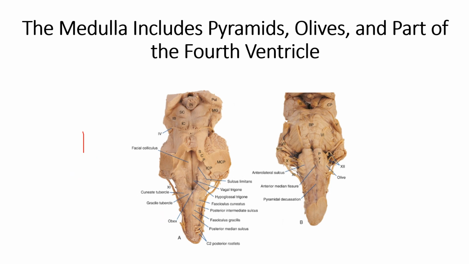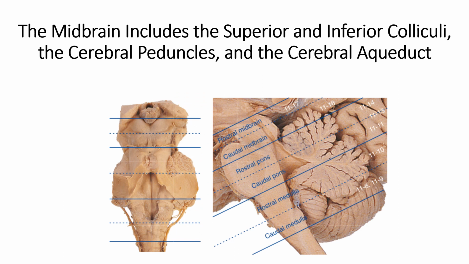So you could see all of these same structures that we just saw, but what they might look like in reality. You could see the pyramids, you could see some of the cranial nerves. So I'm going to go ahead and pause there if you like. Just giving you a little bit of where you are in space here.